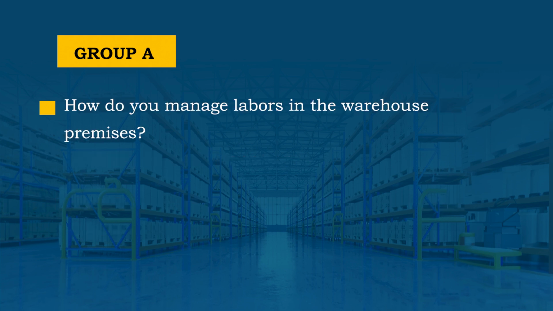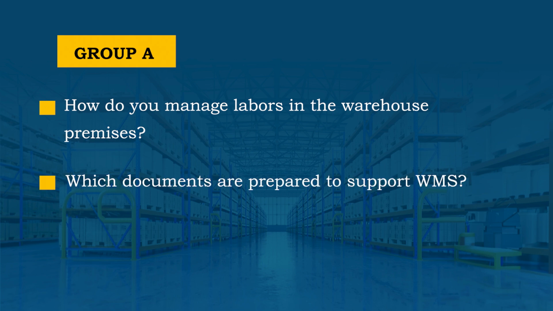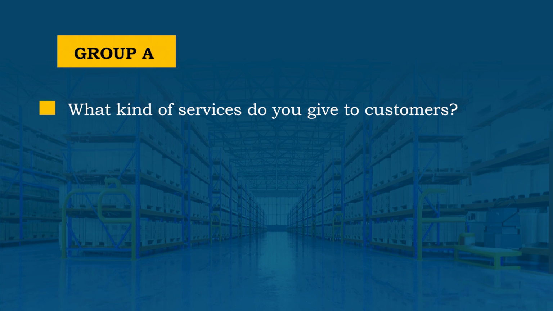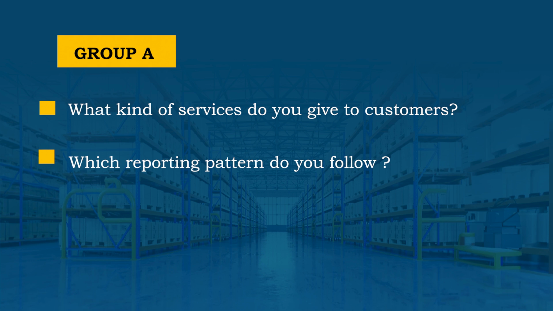Fourth, how do you manage labor in the warehouse premises? Fifth, which documents are prepared to support the warehouse management system? Sixth, which method of picking do you follow? Seventh, what kind of services do you give to customers? Eighth, which reporting pattern do you follow?